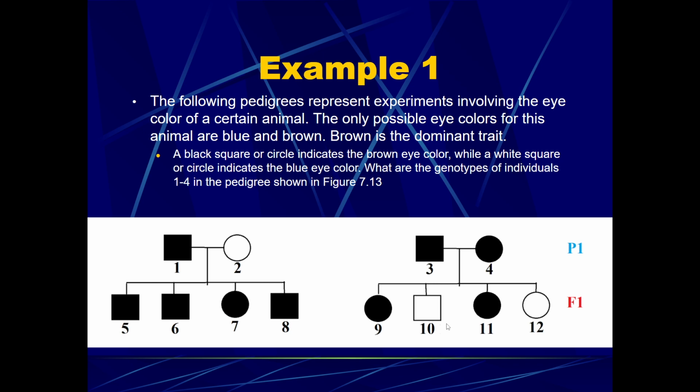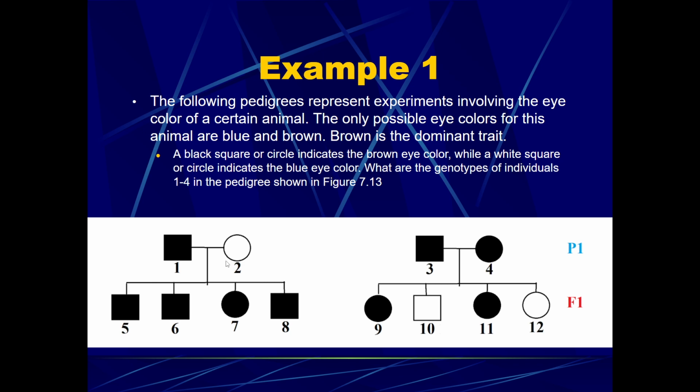The only way that would happen is if both father and mother had the recessive trait or were carriers and passed that recessive trait, the one that showed blue eye color, to half their offspring. So the 50-50 suggests that both individual 3 and 4 of generation 1 are heterozygous for the brown genotype.